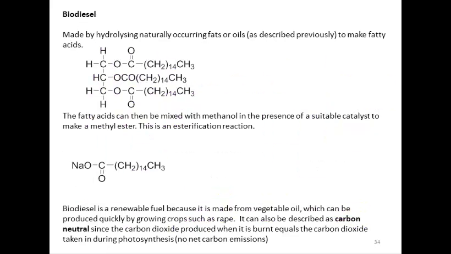Okay, biodiesel. Biodiesel is a specific use of this hydrolysis reaction. It's made by hydrolysing naturally occurring fats or oils to make fatty acids and then doing esterification with methanol. So if we add sodium hydroxide to this, then we get our glycerol again, plus 3 lots of our carboxylate salt.